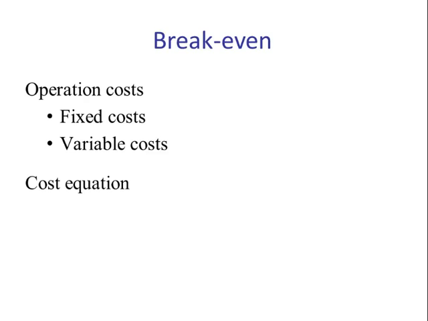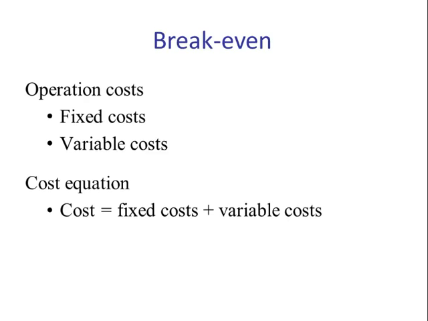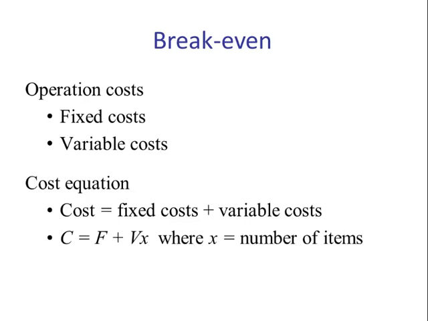So the cost equation can be thought of as: cost equals the amount of fixed costs plus the amount of variable costs. If we use symbols, we could state C equals F, which is short for fixed costs, plus V times X, where V is the variable cost and X is the number of items.